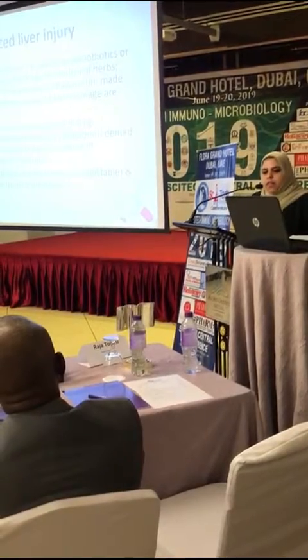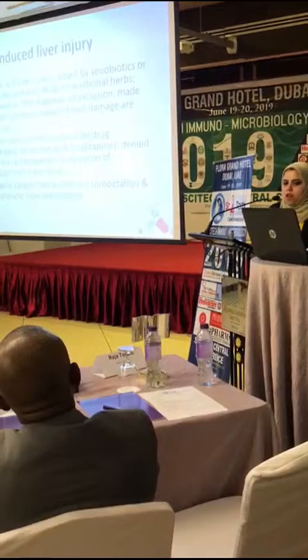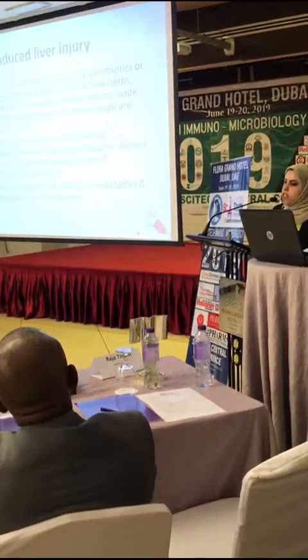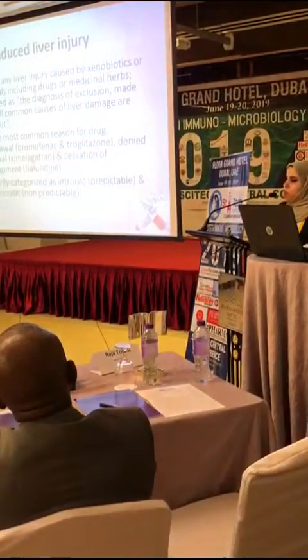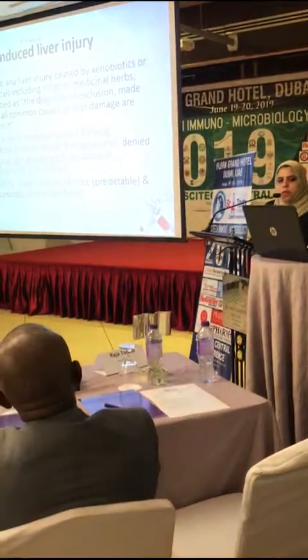It is primarily categorized as intrinsic, that means it can be predictable or dose-dependent, or idiosyncratic, that means unpredictable, dependent on the drug itself or its metabolite, or both, which is actually associated with genetic variation.